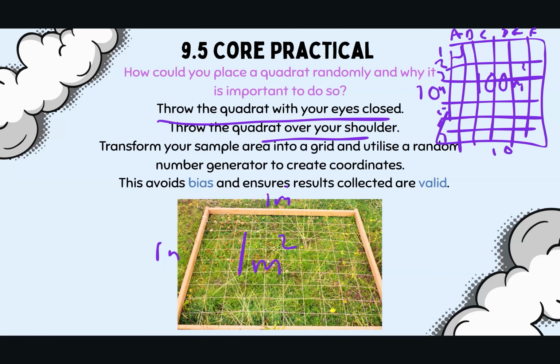And then you'd use a random number generator to create the coordinates. So it might be B7. So you know that's over here. Put your quadrat there. You might have F3. So you know you're going to put your quadrat there. That kind of thing. And by doing that, it avoids bias and ensures results collected are valid.